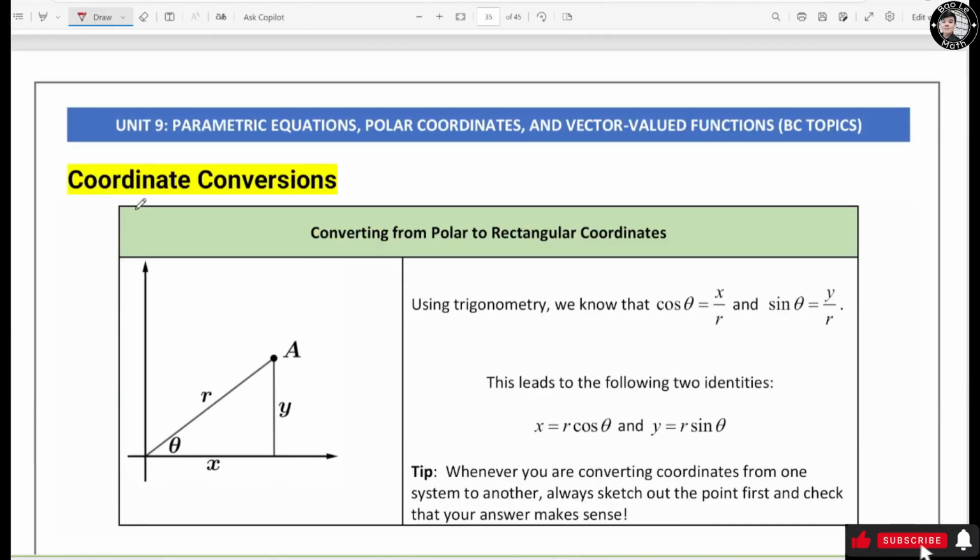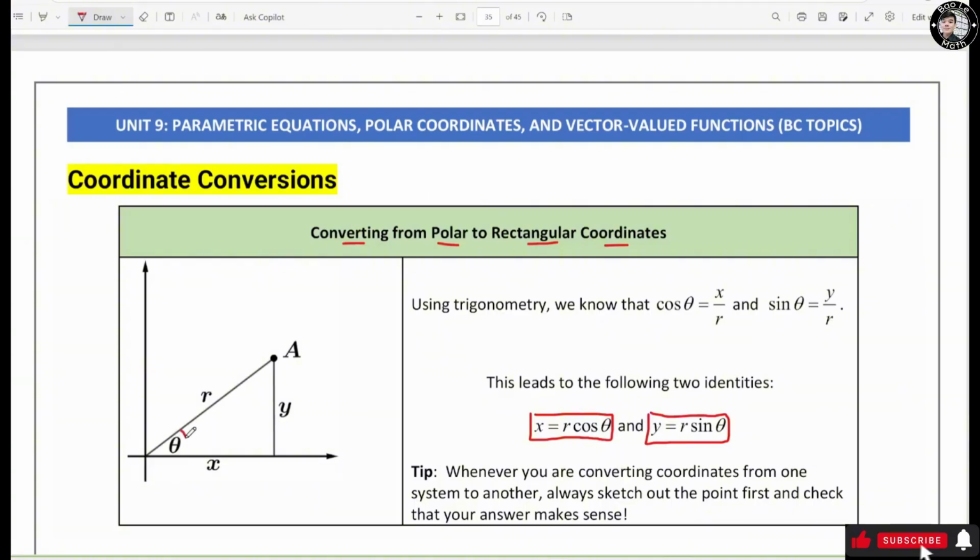Now let's move on to the next one, coordinate conversions. We need to convert from polar to rectangular coordinates. We know that x equals r cosine theta and y equals r sine theta. How do we get these formulas? We just use trigonometric ratios in the right triangle.